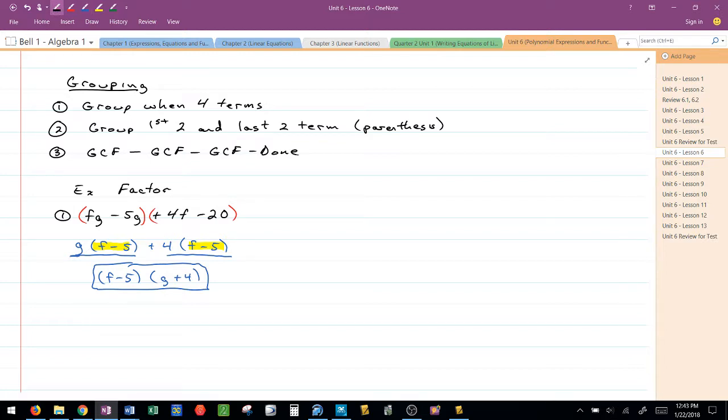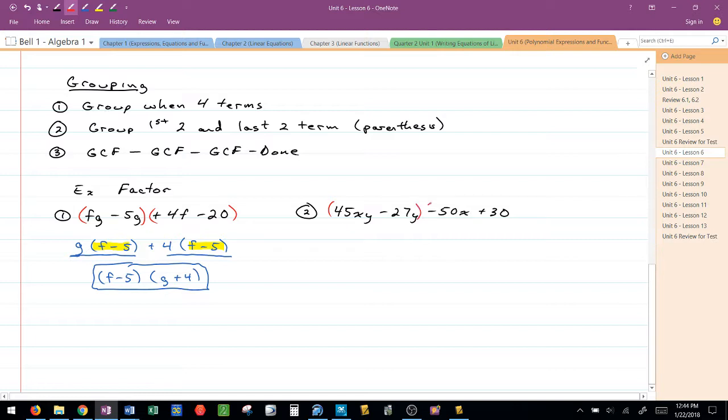All right, let's take a look at another one. Let's say that we have 45xy minus 27y minus 50x plus 30. I see 4 terms and the directions are factor.